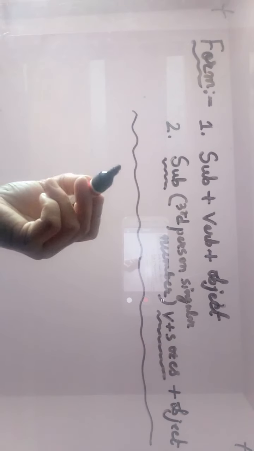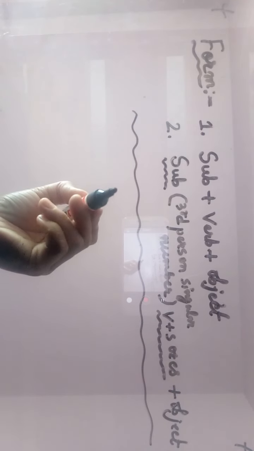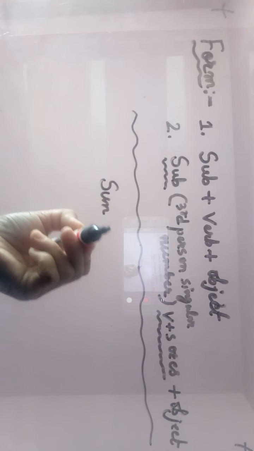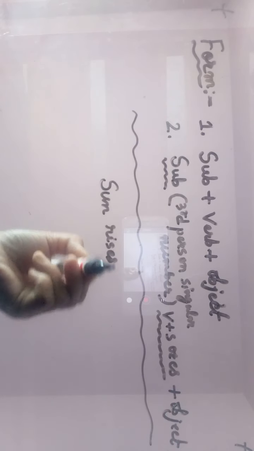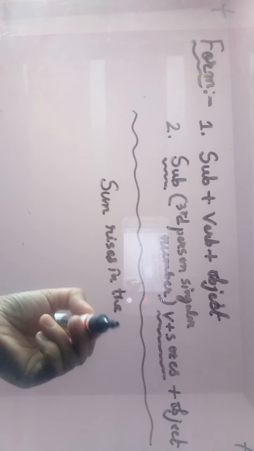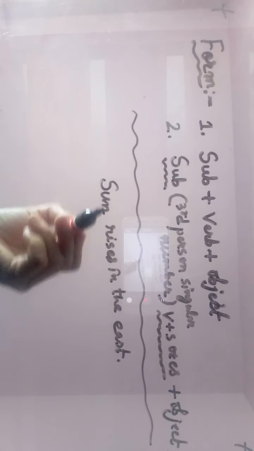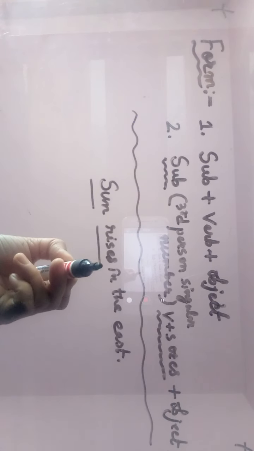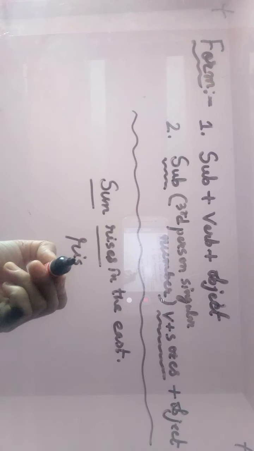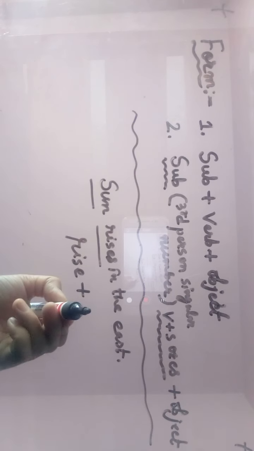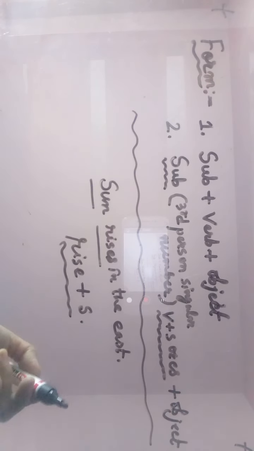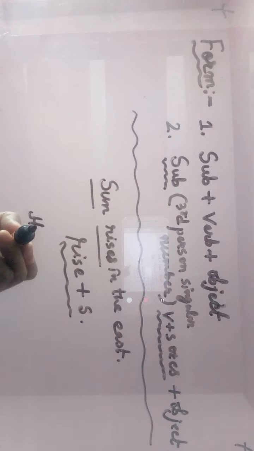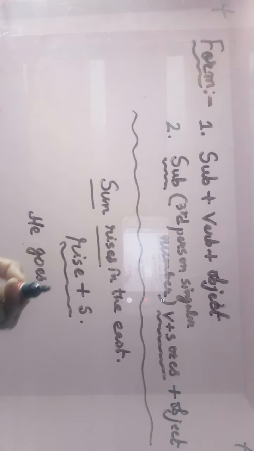For example, you remember, sun rises in the east. Here you see sun is third person. So after the verb we are writing s. Main verb is rise, plus s we have put. So it means rises. In this way only, you see, he goes. Why goes? Because go plus es.